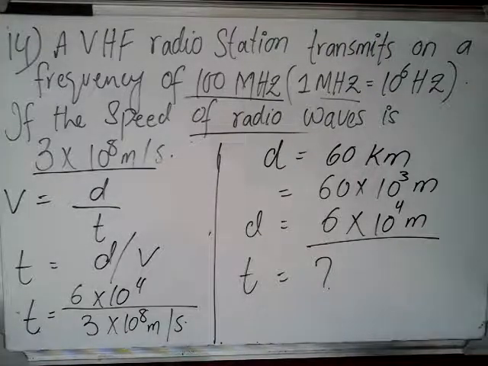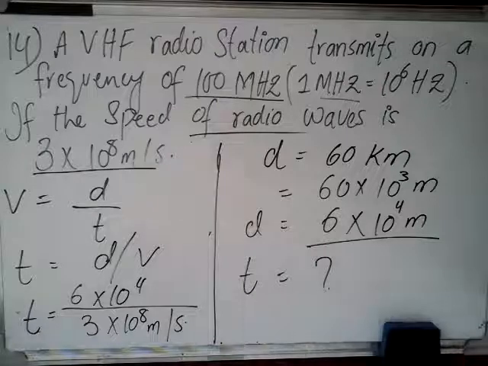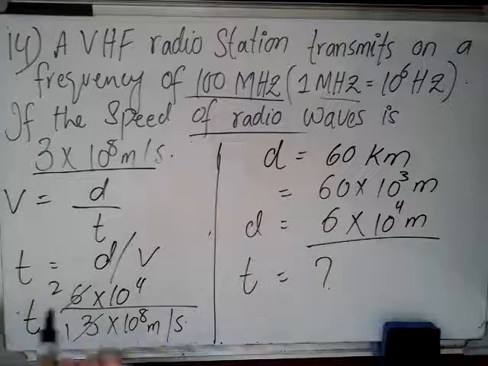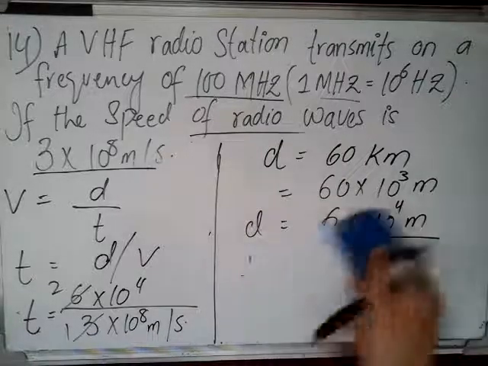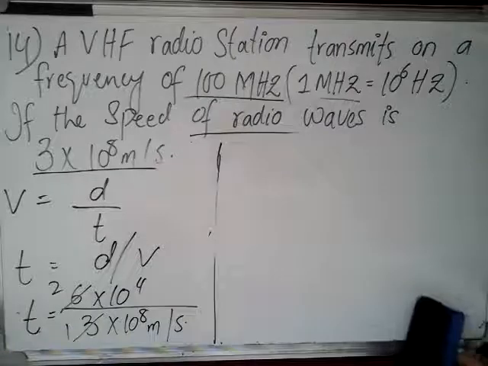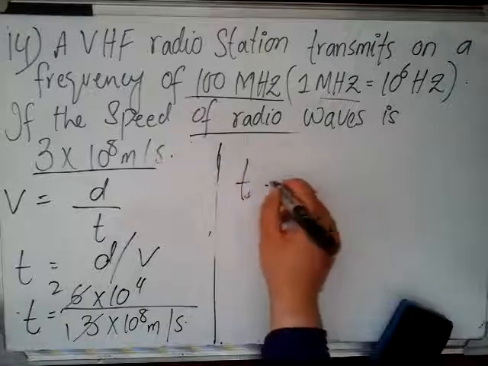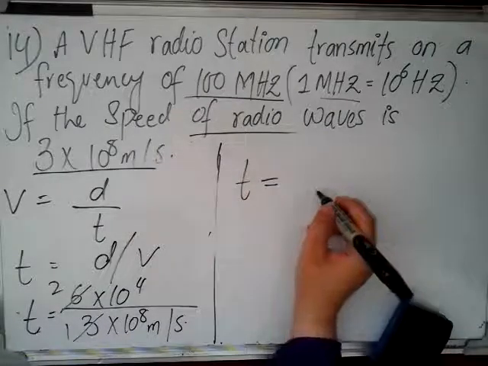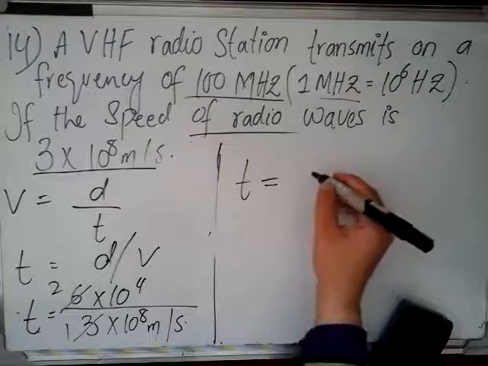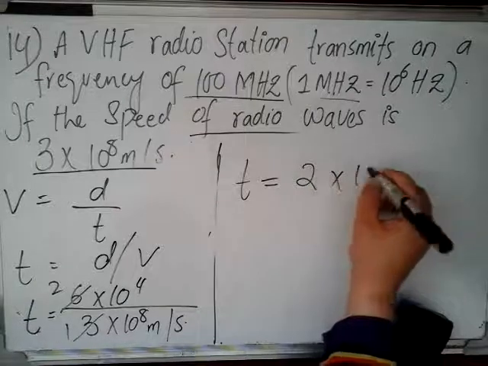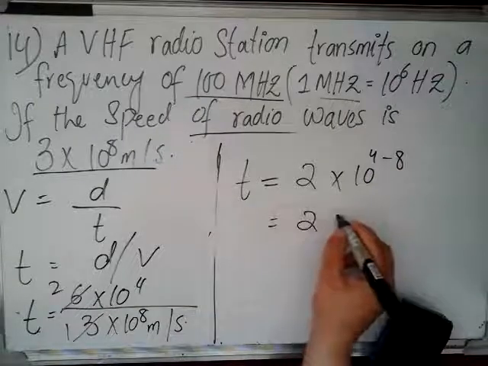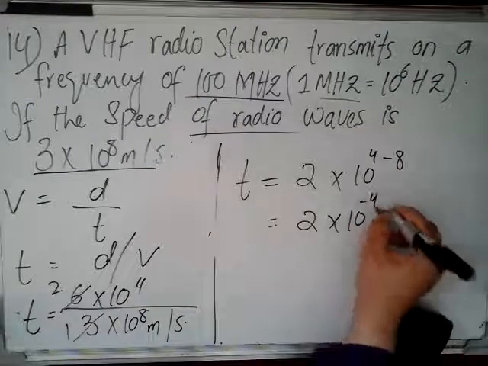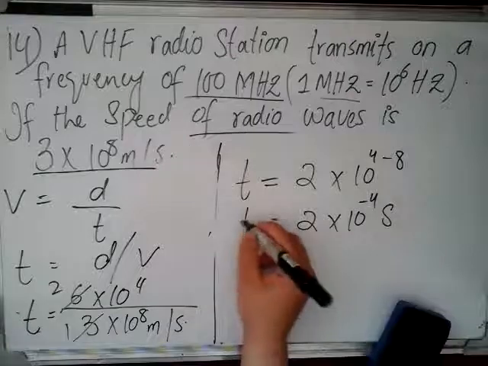So we will simply cancel the values. Then time is equal to 2 into 10 raised to power 4 minus 8, so it is equal to 2 into 10 raised to power minus 4 second.